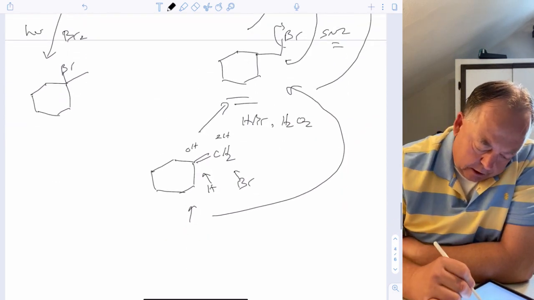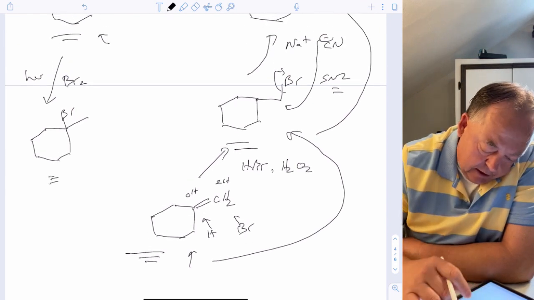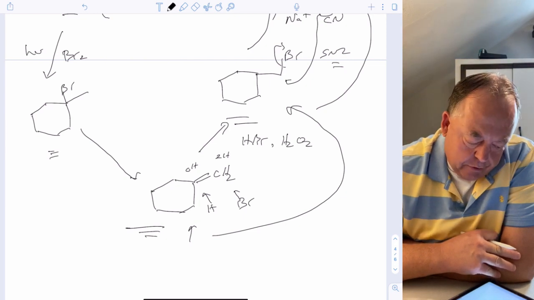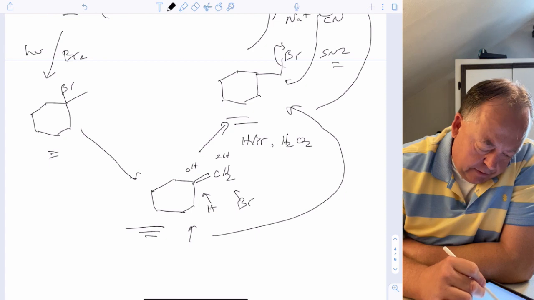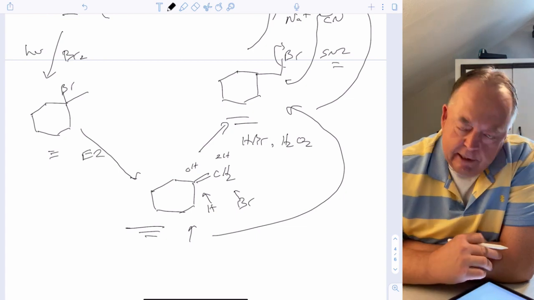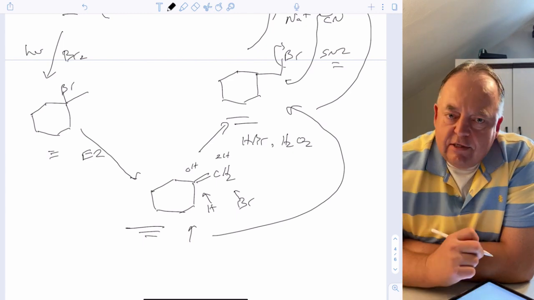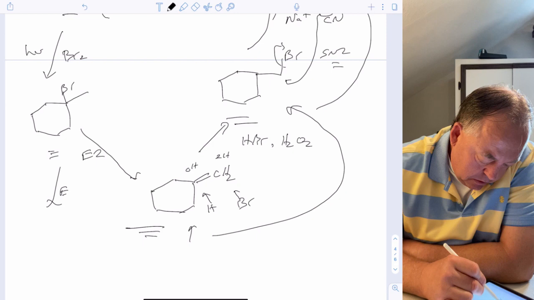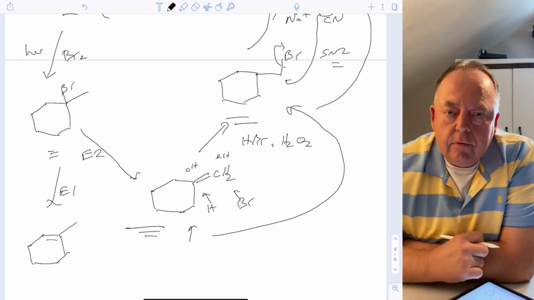Okay, well, where did this alkene come from? So if we had this alkyl halide, we could make this alkene, right? So what are your reagents to take an alkyl halide and make an alkene? Well, that would be an elimination. It'd be E2 or E1, but only one is going to work. Because if you did E1, then it will put the double bond in the wrong spot, right?